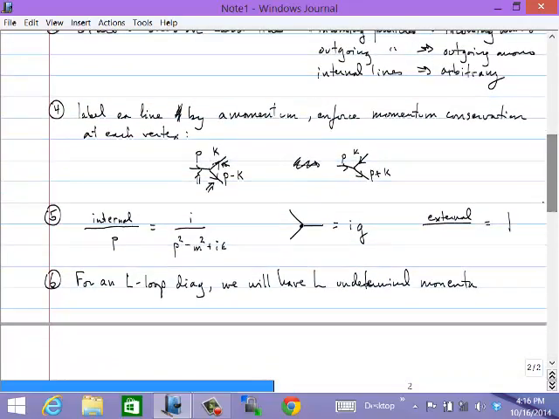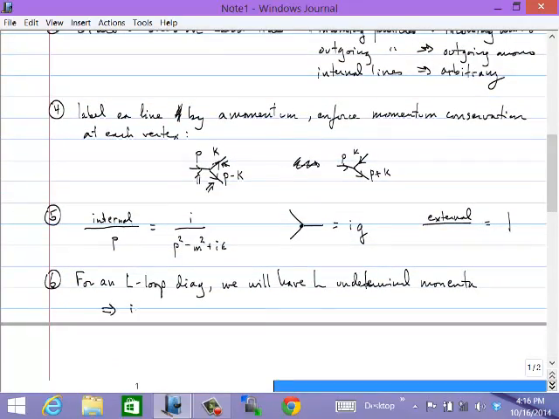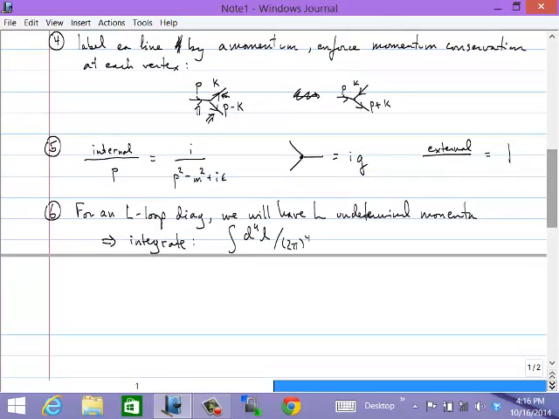And then you just integrate over them. Okay. So for each of the momenta, you'll just integrate using the standard measure factor, where we divide by 2 pi to the 4th. So that's just some standard convention.